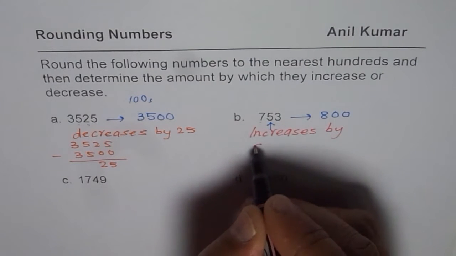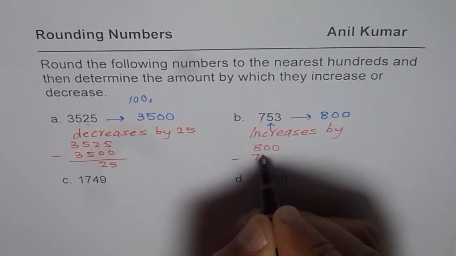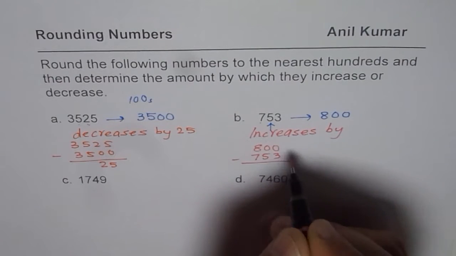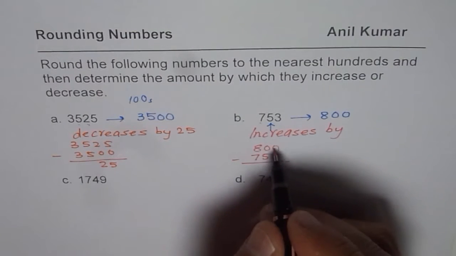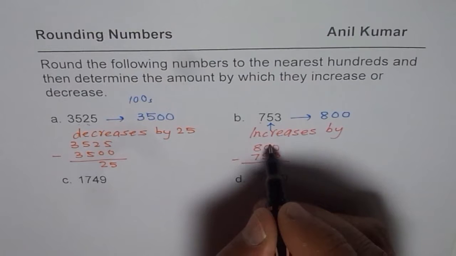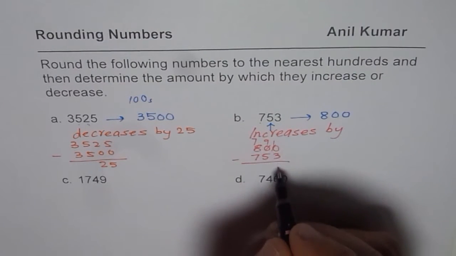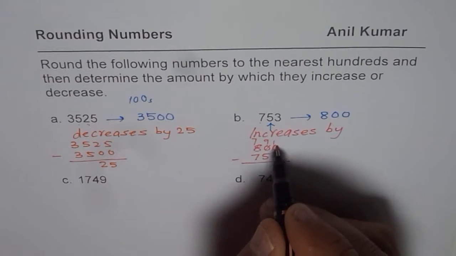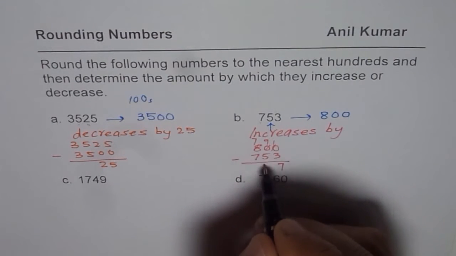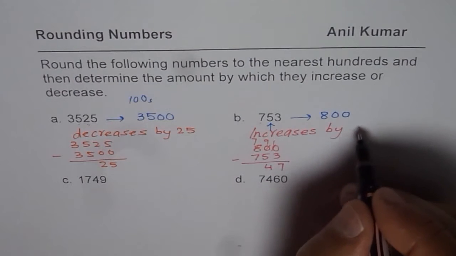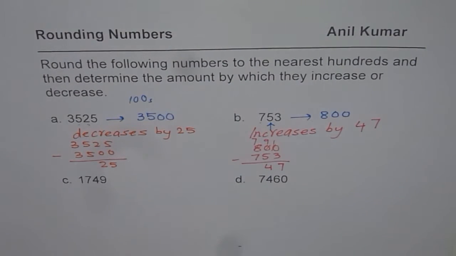Find the difference. So we do 800 take away 753, and that is borrowing, right? So we get 10 when you take away, so this becomes 9, this becomes 10, and that becomes 7. So it is from 10 take away 3 is 7, from 9 is 4, so it increases by 47. Do you see that? So it increases by 47.